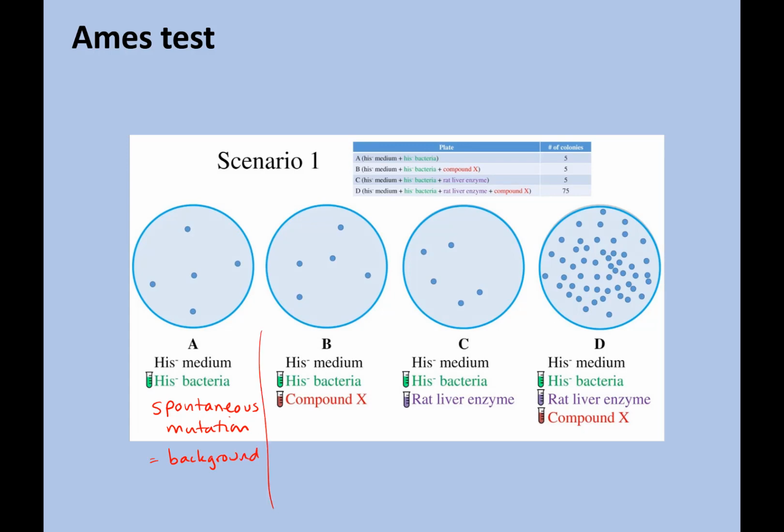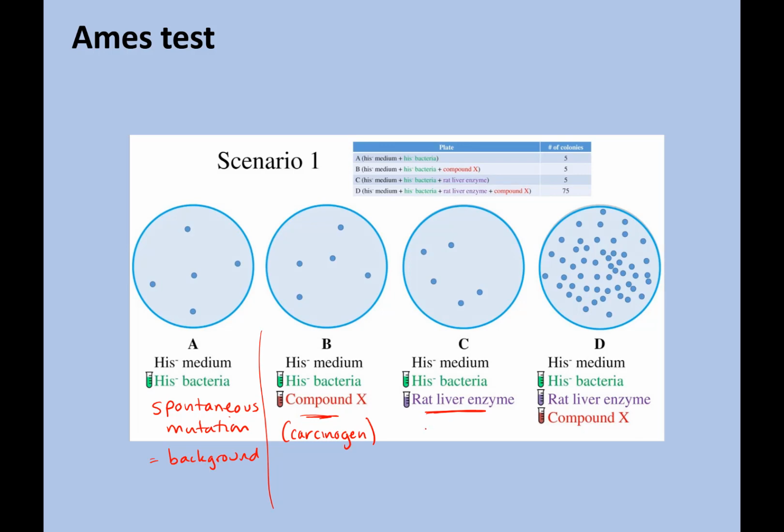Okay, and you compare that to the number of colonies you get when you add compound X, which is your potential carcinogen. But then you're also going to have a set of experiments that use rat liver enzyme, right?